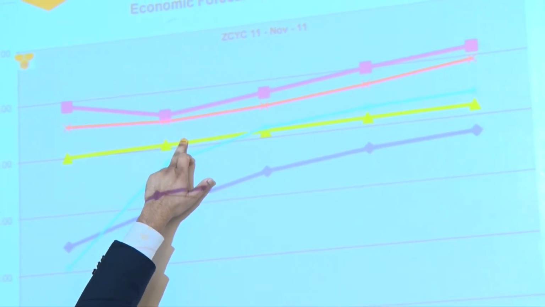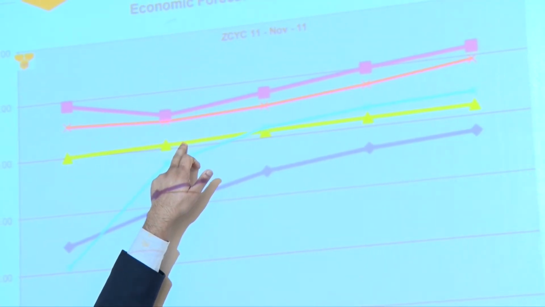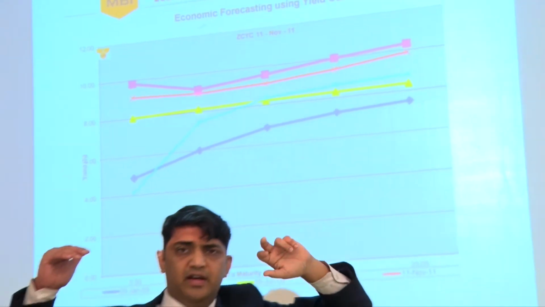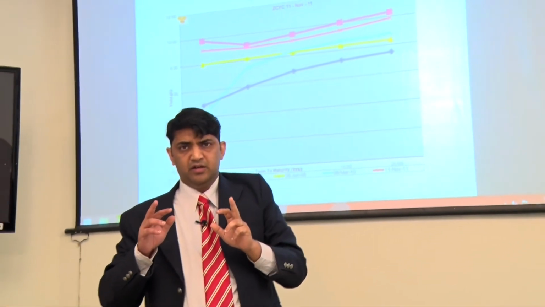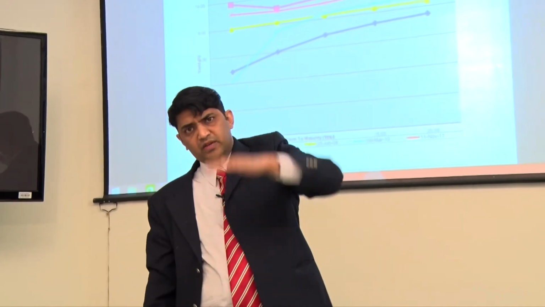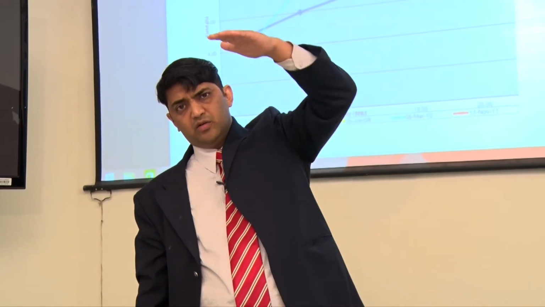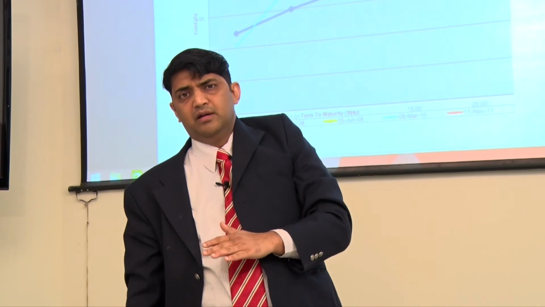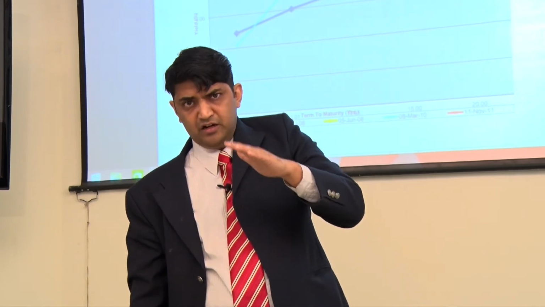The yield curve, now we have to understand, when we talk about yield curves, there are two types of movements. One is the movement of the yield curve, whether it goes down, whether it goes up, this one. And second is the shape of the yield curve.